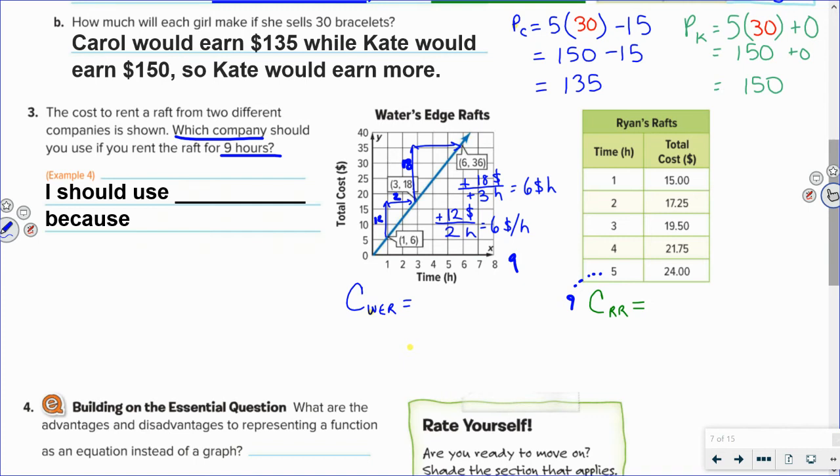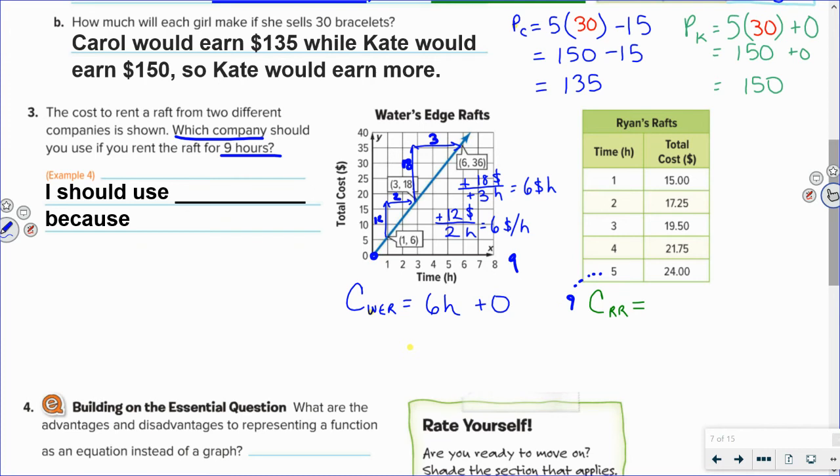And from 3 to 6 over the course of 3 hours, well, guess what? 18 divided by 3, 12 divided by 2. Both of those will be $6 per hour with no starting number. There's no extra deposit or fee. So the cost for Water's Edge rafts can be represented in equation form as 6 times h hours plus 0.